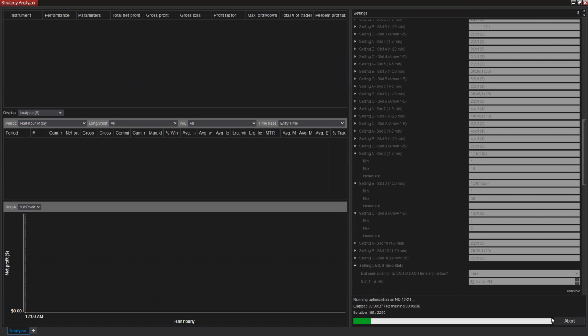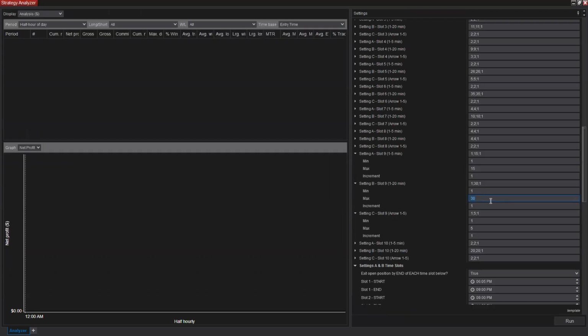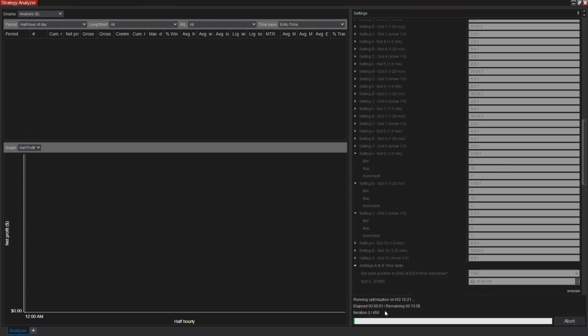Actually, in order to save a little bit of time, I might just reduce this a little bit. I'm just going to make this 1 to 10, and I'm going to make this 1 to 3. It's not going to give us the absolute best settings, but it's just going to reduce the time that this optimization is going to take. And you'll get the picture of what this is.